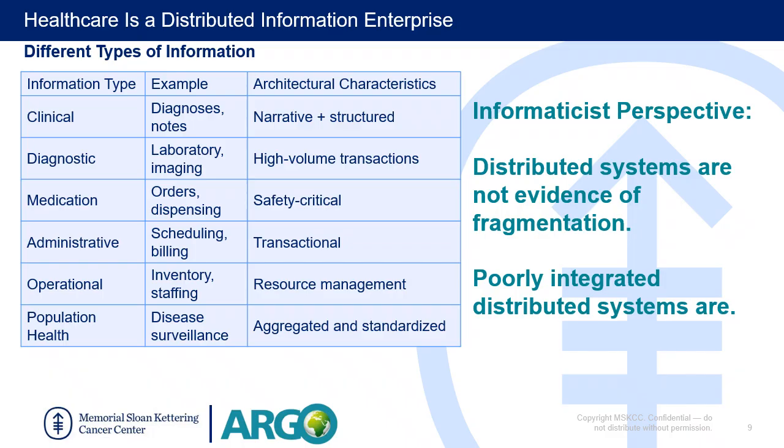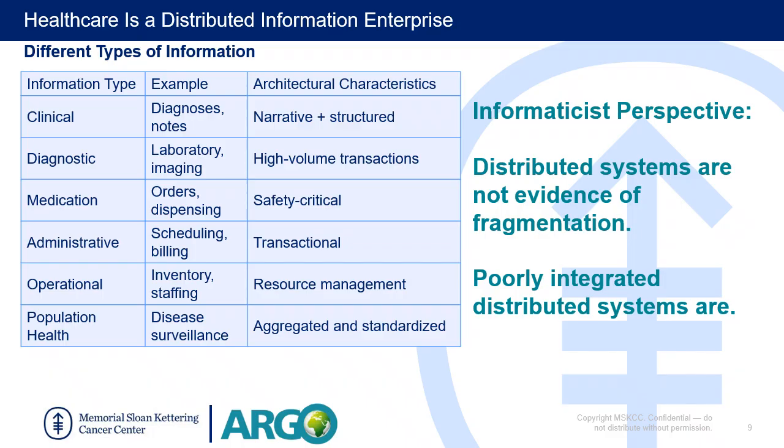And what does that mean? Specialized systems are designed to excel, to be the best within their domain. So, for example, a lab system manages specimen workflows and quality control, while a radiology system manages imaging studies and reports, right? Different functions, different requirements, different ways of storage.